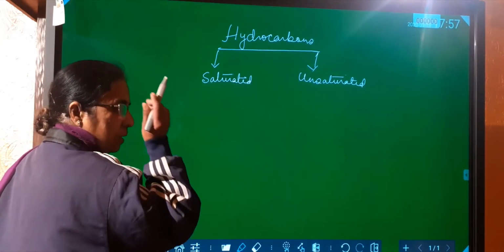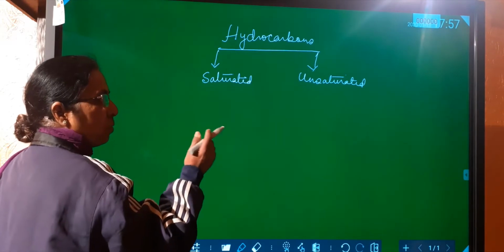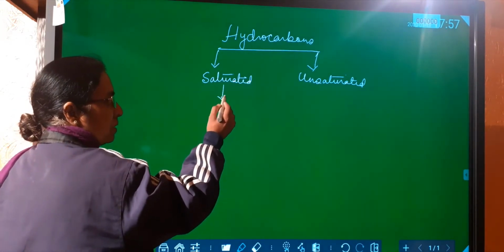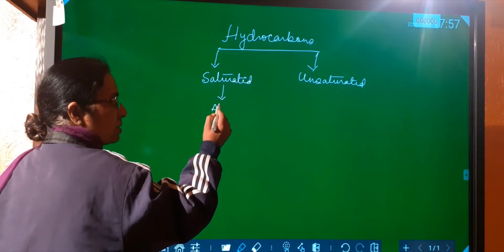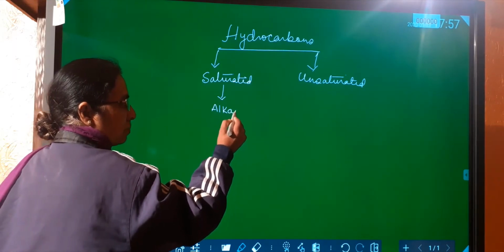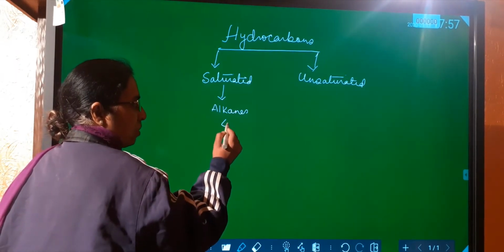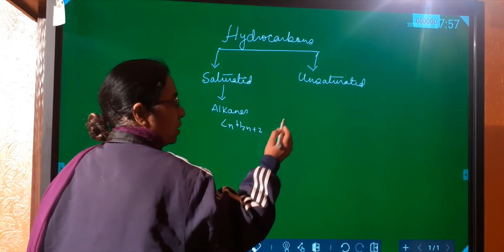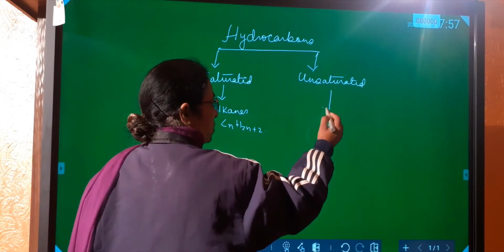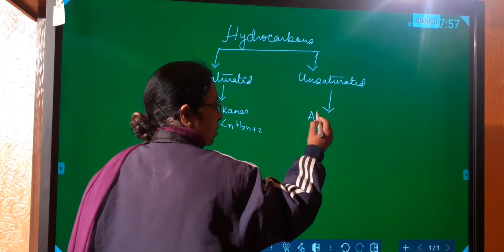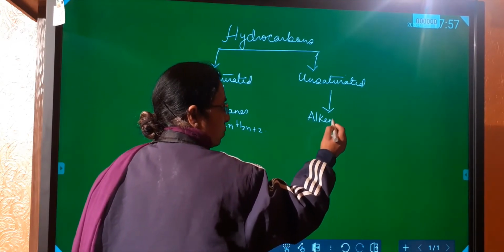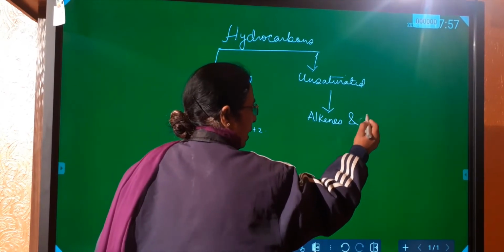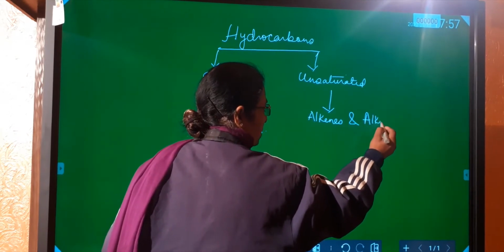Saturated means there will be only C-C single bonds. We call this class alkanes, and the general formula is CnH2n plus 2. For unsaturated, we saw that we have two classes, which are known as alkenes and alkynes.